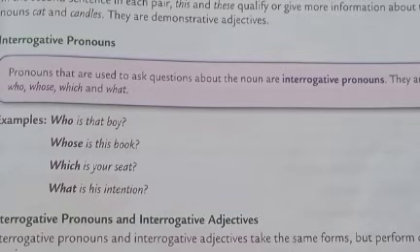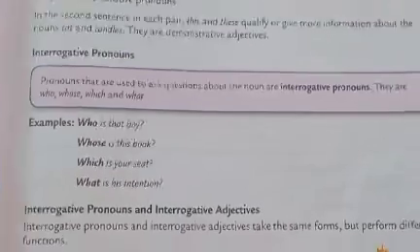The difference is if it is followed by a verb, it is an interrogative pronoun, and if it is followed by a noun, it is an interrogative adjective. Okay, let us see the next type.